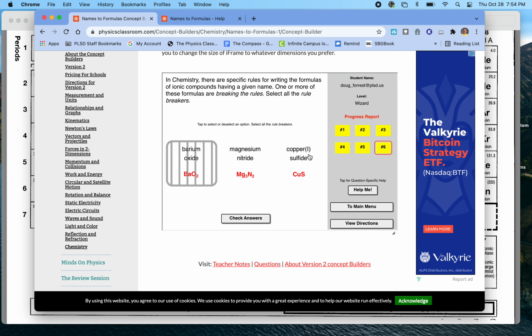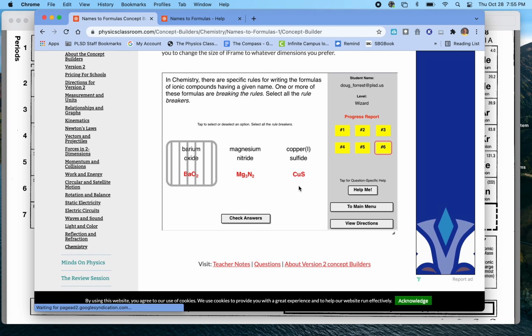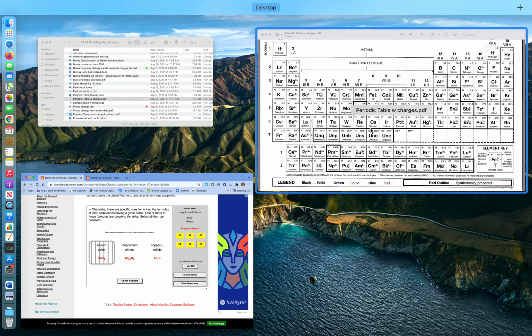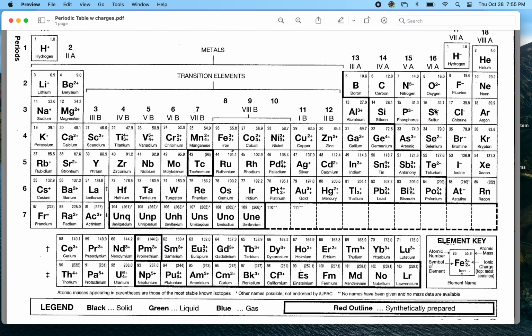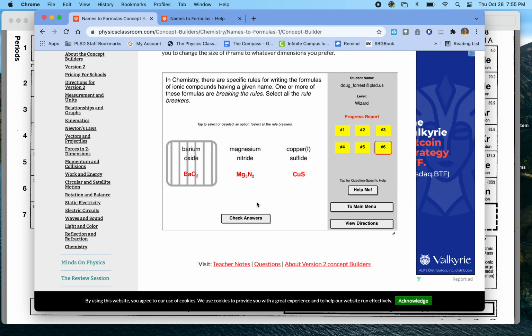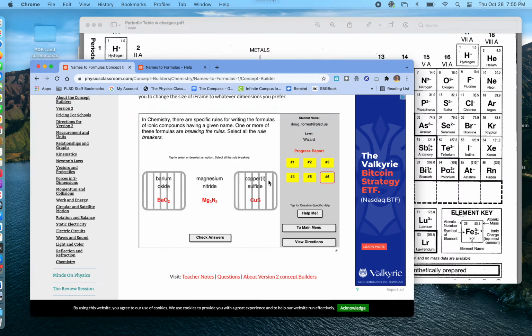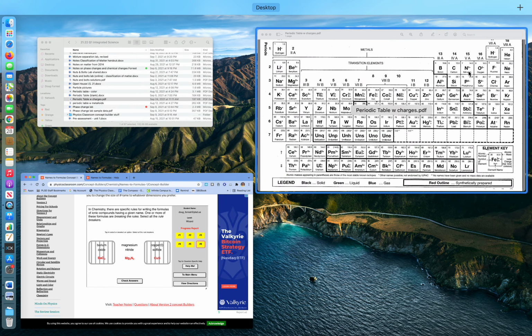Copper, by the I here, says it has a charge of +1. Sulfide has a charge of -2. So if I have -2 and +1, that means I should have 2 copper and 1 sulfur. That's not correct.